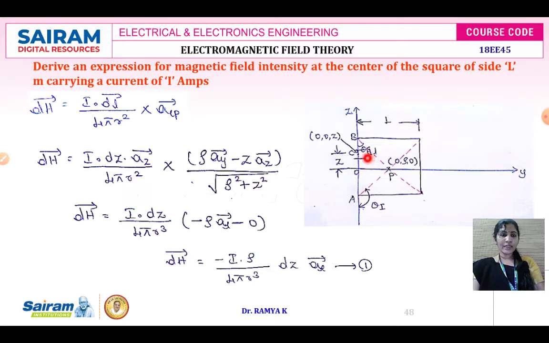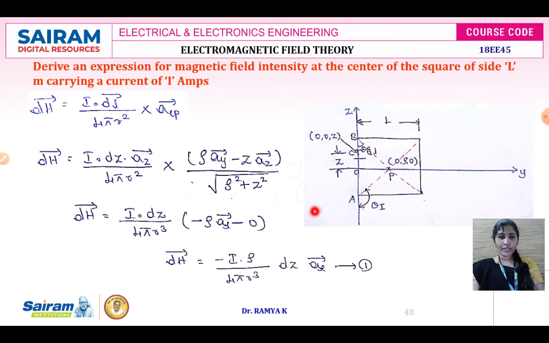Now, the current carrying element, the point C, can be varied throughout this length of the conductor. So when it varies from A to B, the value of r between the cause and effect is going to vary, and therefore dz will also vary.